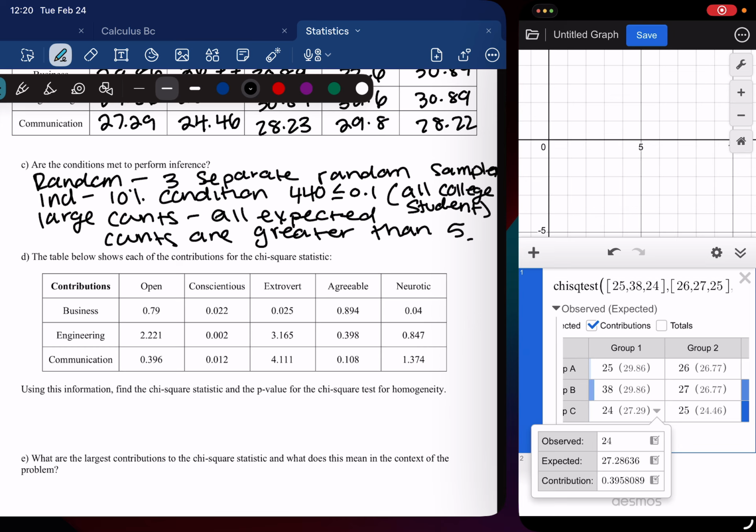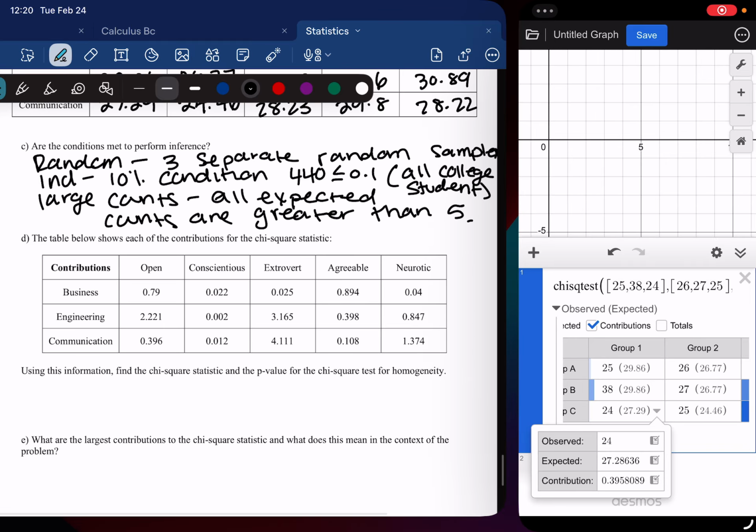So it says, using this information, find the chi-square statistic and the p-value for the chi-squared test for homogeneity. We don't really need to do this by hand because we have Desmos. But since the question is asking us to do it by hand, we are going to do it by hand. We just have to know that if we add all the contributions together, that is going to give us what?